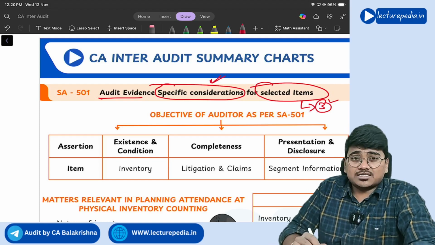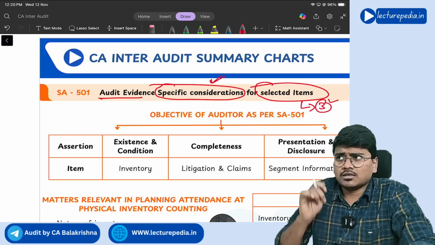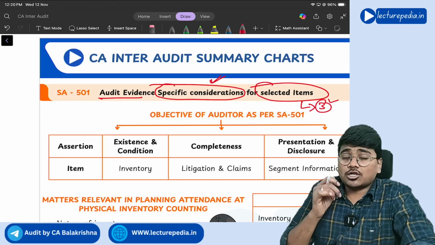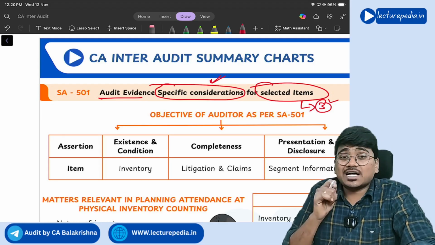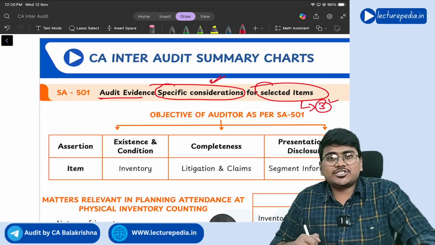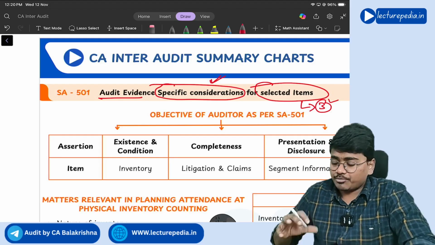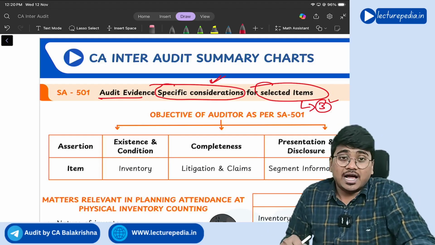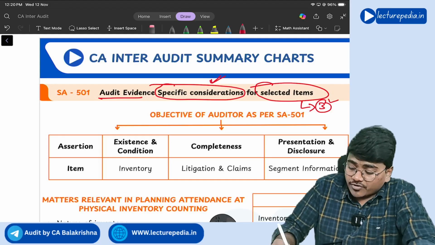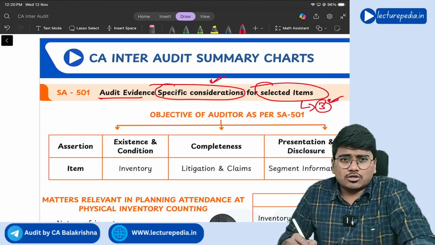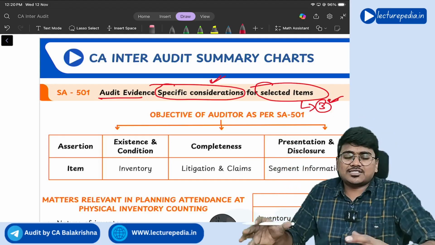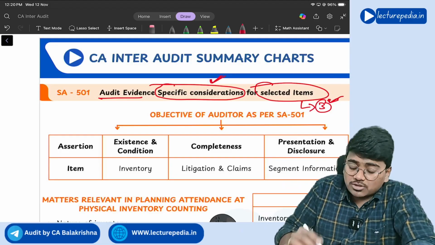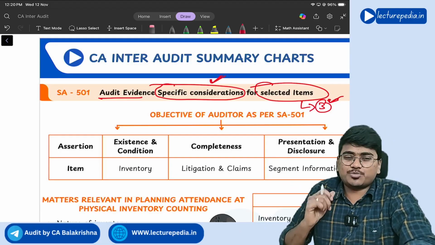Certain specific considerations we have seen in the fourth chapter about assertions, right? Balance sheet items will have certain assertions, P&L items will have certain assertions, right? So with respect to these three items also, not all the assertions we will be dealing with, only certain specific assertions or specific considerations.